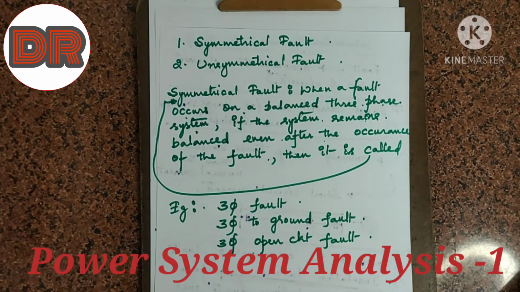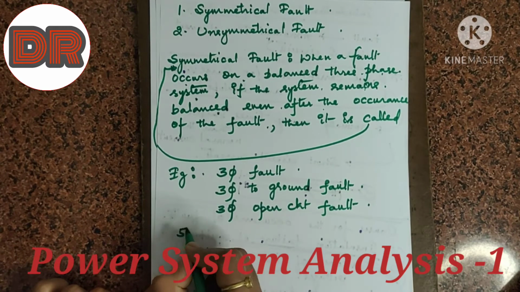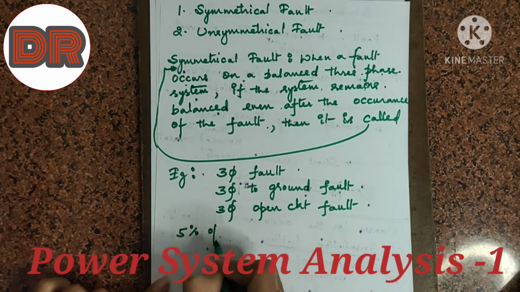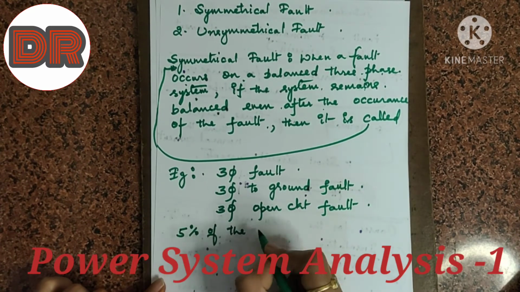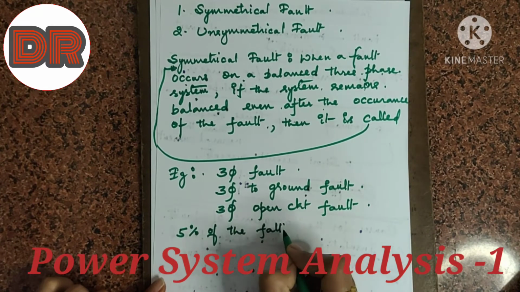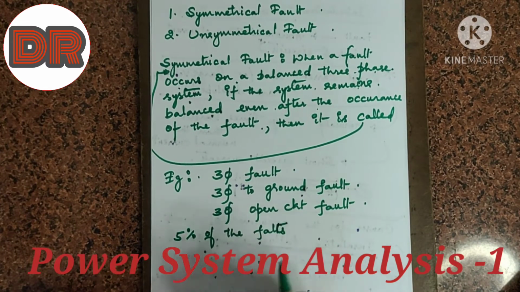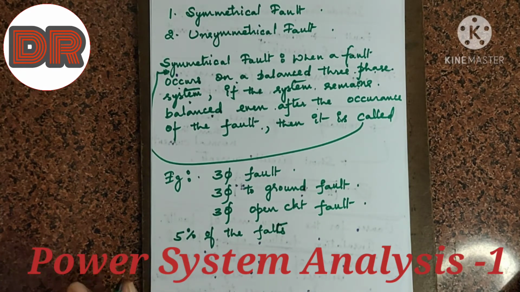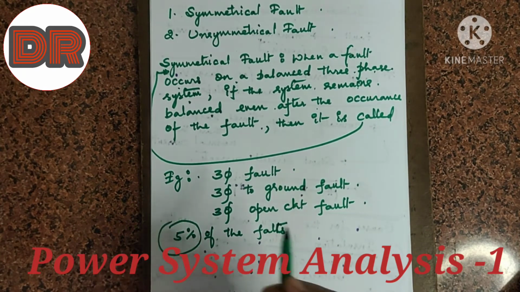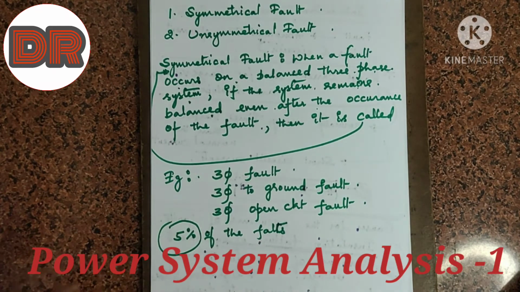So these are different types of symmetrical faults. These faults rarely occur in a power system. Only about 5% of the faults that occur in a power system are symmetrical faults. So these are very rare.